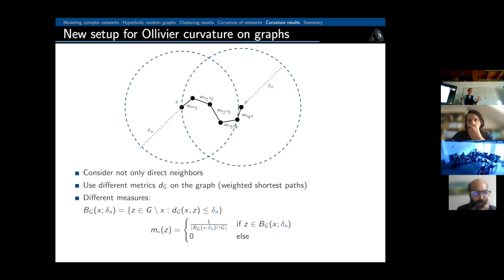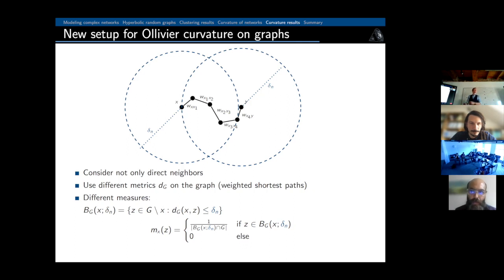But from the theoretical point of view, we're just going to consider the uniform distribution on this larger set of neighbors, which is very similar to the original setting. It should also not be surprising that you might be able to prove convergence if you do it like this, because you're just trying to mimic whatever was happening in the continuous setting.